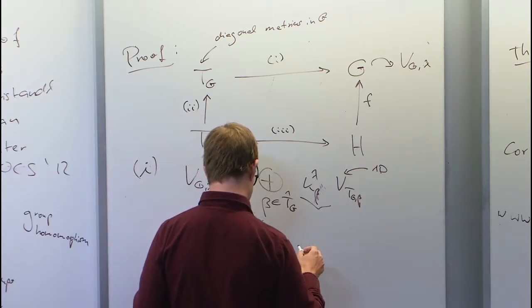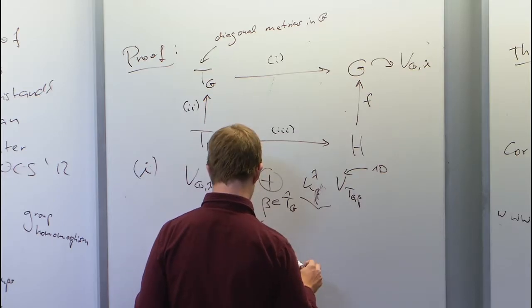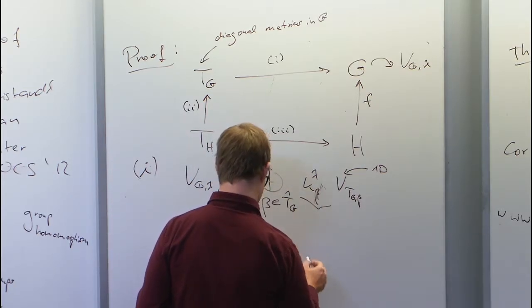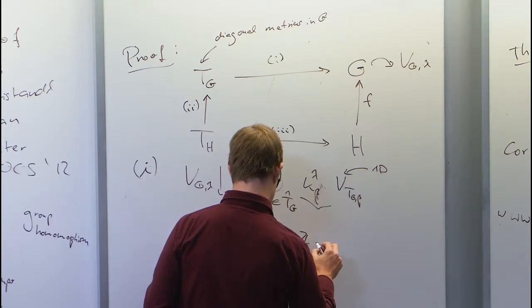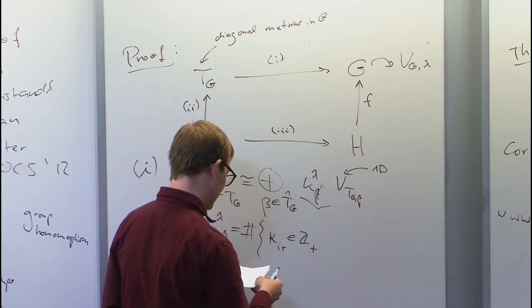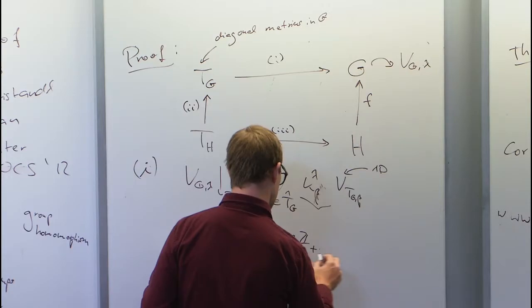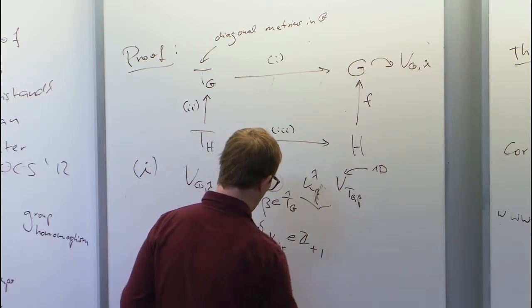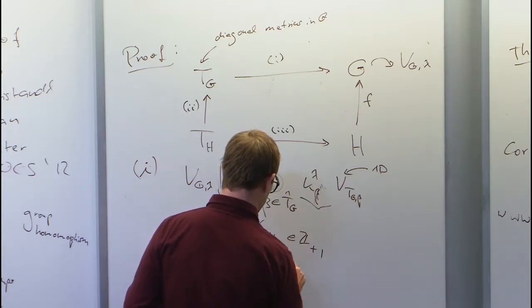So I can write this as kappa. That's a kappa. So I can write it as the number of points in the following polytope. I can take K_ir, that's a set of variables, non-negative integers, and then I can say, well, imagine what this means.